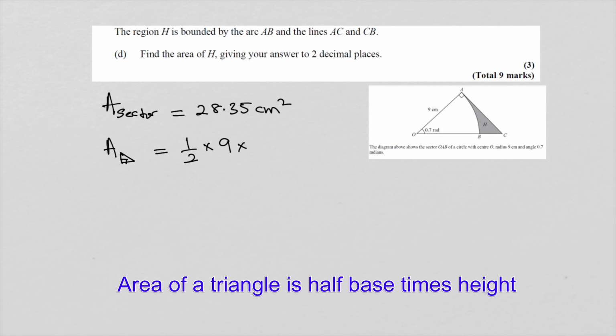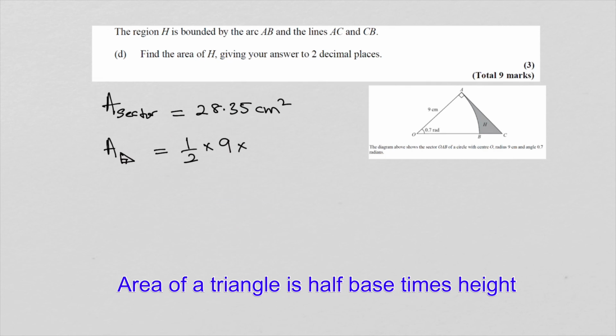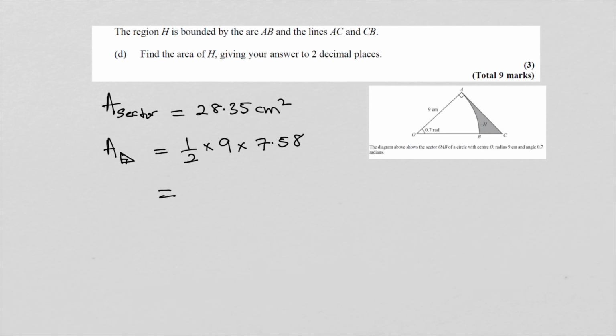We've already found AC, if we go back here, to be 7.58, so times 7.58. When we multiply those together, we should be getting 34.11 for the area of the right angle triangle.